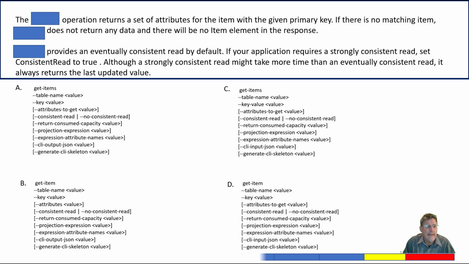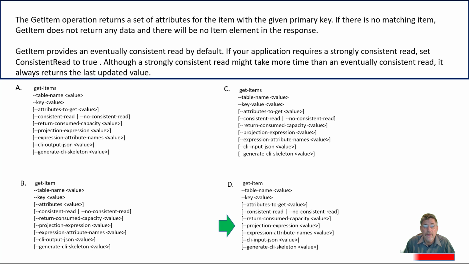And then once we know that, we look at what's the difference between those two. Attributes to get or attributes? And I believe it's attributes. So we probably go with E. Hope I get that right. C, D. Oh, it is get attributes. Attributes to get.